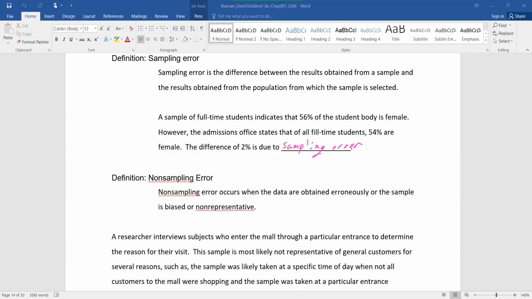All right, and then the next one is a non-sampling error. Non-sampling error occurs when the data are obtained erroneously or the sample is biased or non-representative. So again, with sampling error, it's just maybe your sample wasn't large enough to represent your population, but non-sampling error is something on you. So again, I go to the political side.